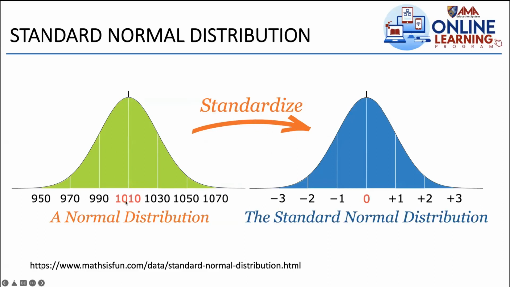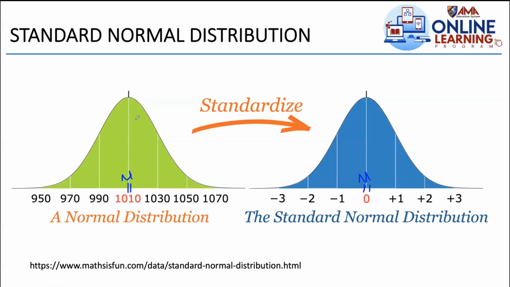Let me write it. This is your mu, so your mean is equal to 1010. By standardizing, you can change it to 0. So how do you do that? This 0 corresponds to this one, so there's a transformation or conversion that happened here.